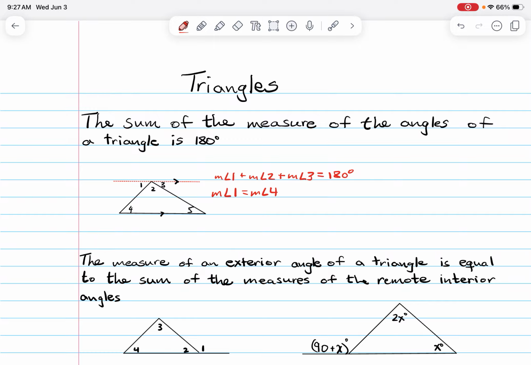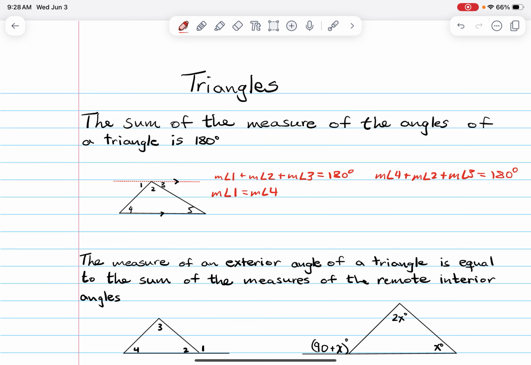So angle 1 is equal to angle 4. So I could rewrite this as the measure of angle 4 plus the measure of angle 2 plus the measure of angle 3 is equal to 180. Just substitute. Since 1 has the same measure as 4, instead of measure of angle 1, I'll just put the measure of angle 4.